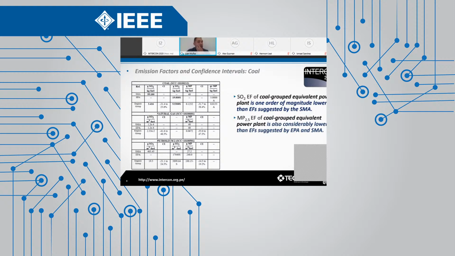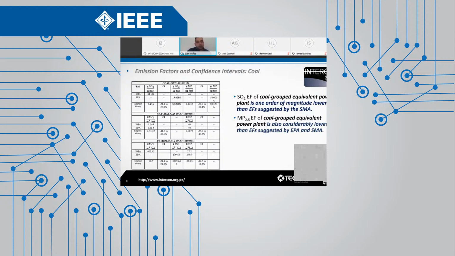It means that when we use these pre-established emission factors from these databases, we are being conservative in the estimation of these emission quantities. As I said, the EPA recommends that it's better to use a local measurement when it's available in order to have better accuracy.